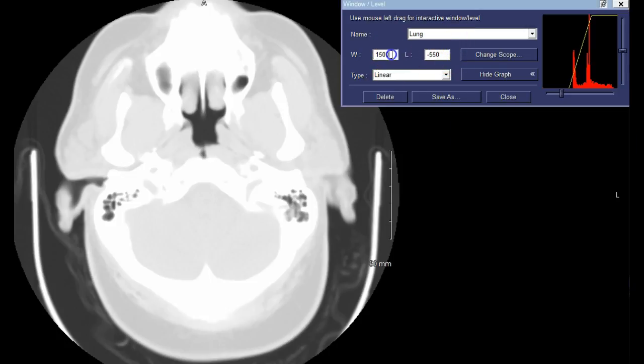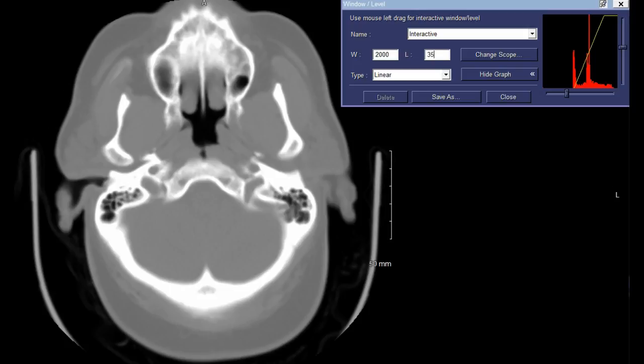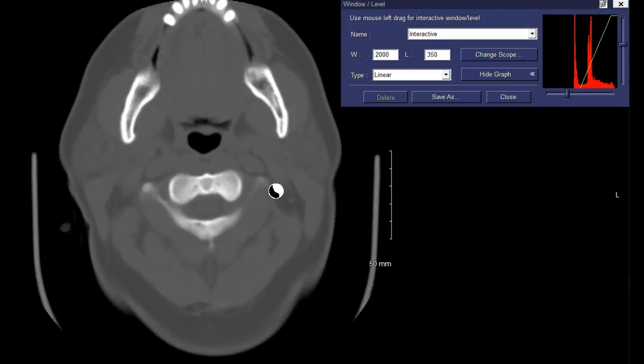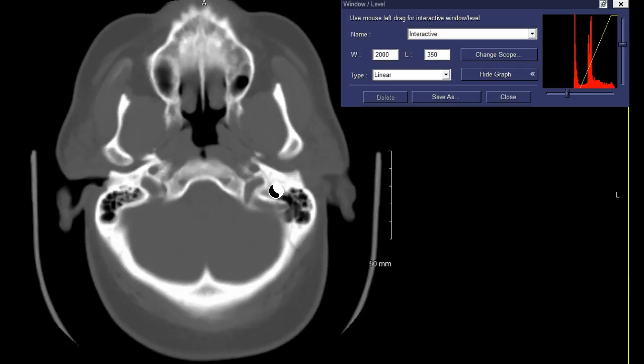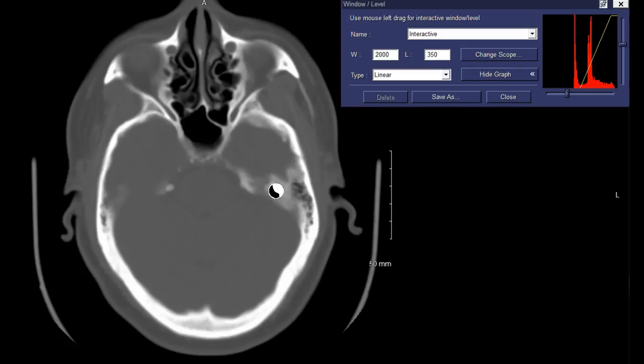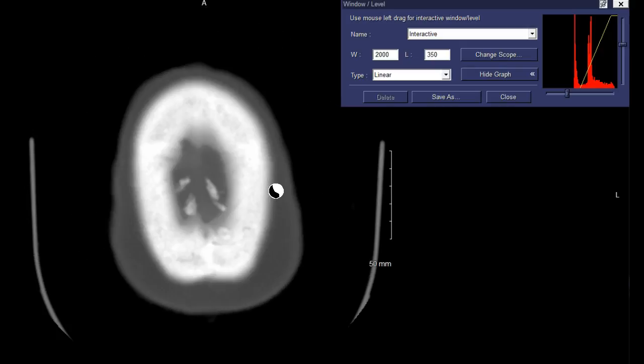But just to get back to the general concepts, now let's look at the bony-based structures of the head. I'm typing these in, just 2000 by 350 here, to visualize those. As we pan through this particular case, we're able to very distinctively evaluate all of the bony-based structures, or visualize all of those bony-based structures extremely readily.